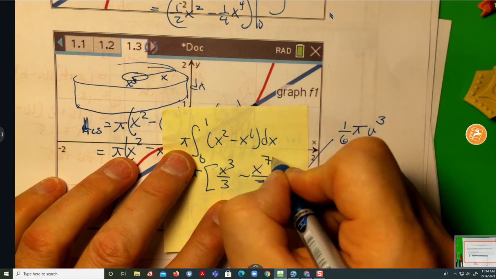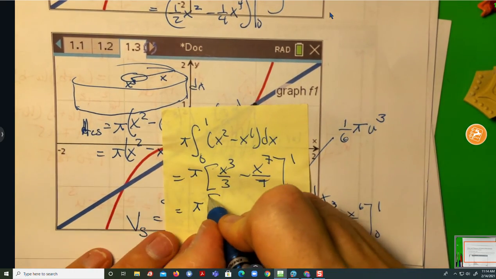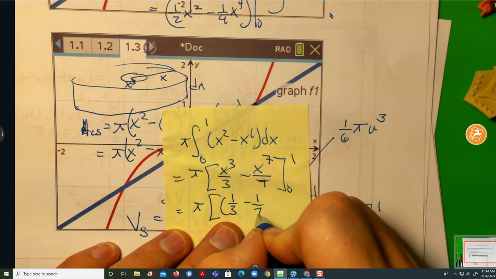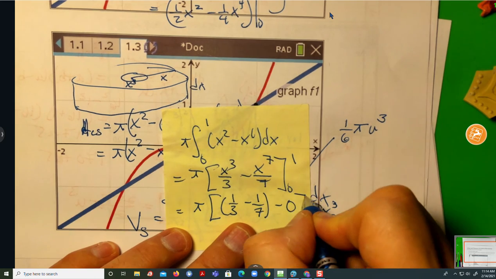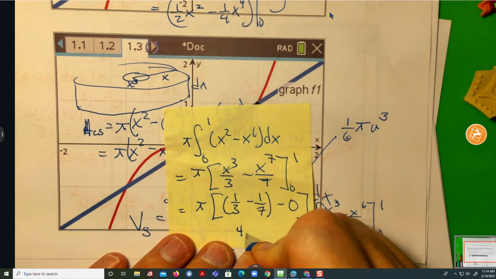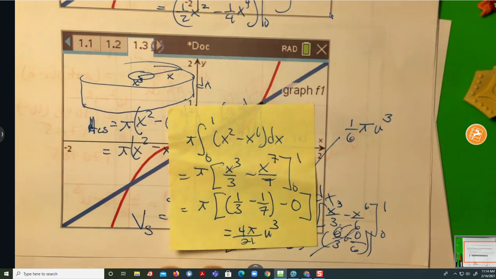I don't know why. Okay. But see, we all make mistakes. 1/3 minus 1/7 minus, that'll end up being zeros. 7 minus 3 is 4 pi over 21 cubic units.